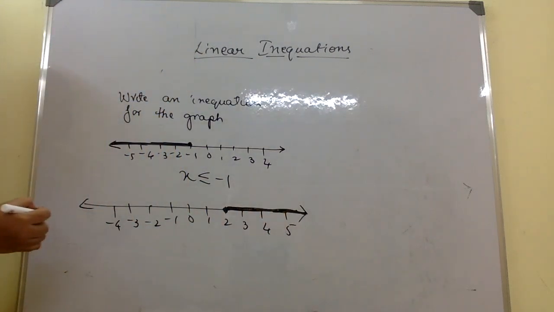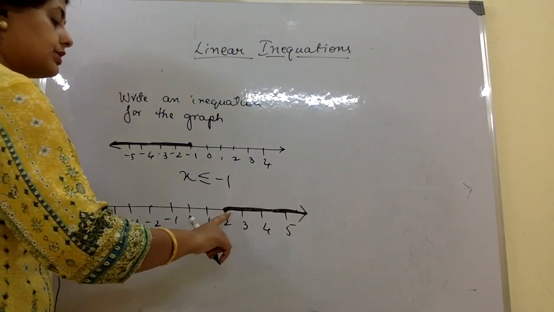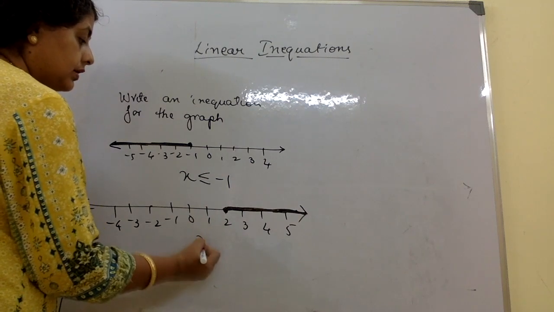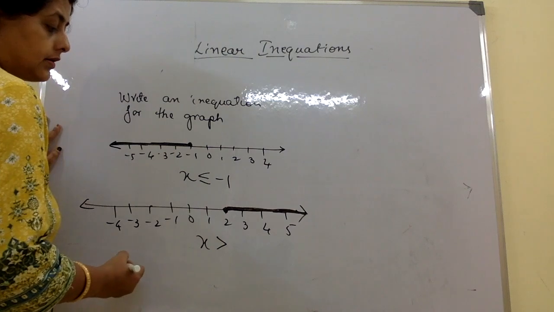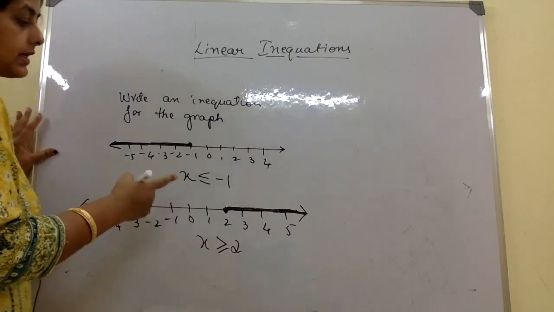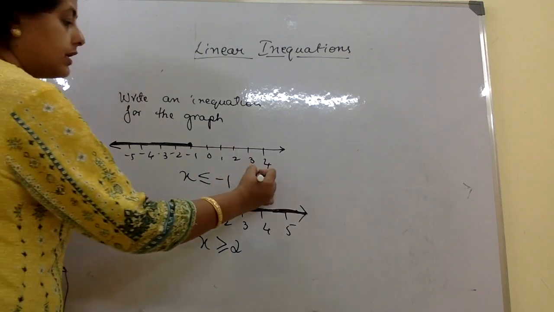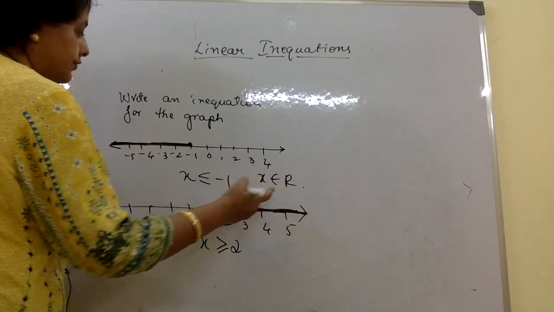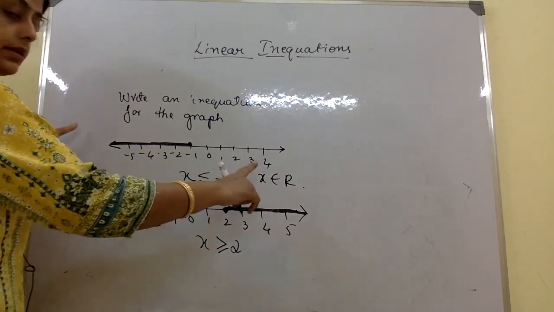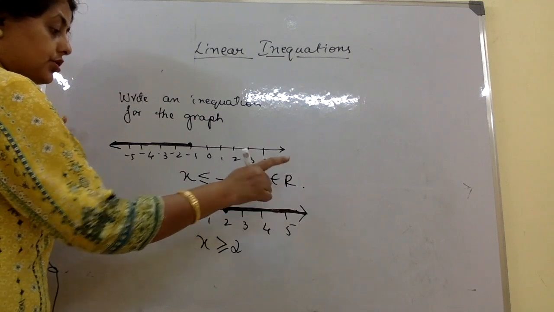Now what do we understand? Here x values are being taken, so x is greater than, of course it is equal to 2 also. x is greater than or equal to 2, where x belongs to real numbers, of course it is the real number line. I forgot to tell here, because the entire thing is colored, you have to write x belongs to real numbers.